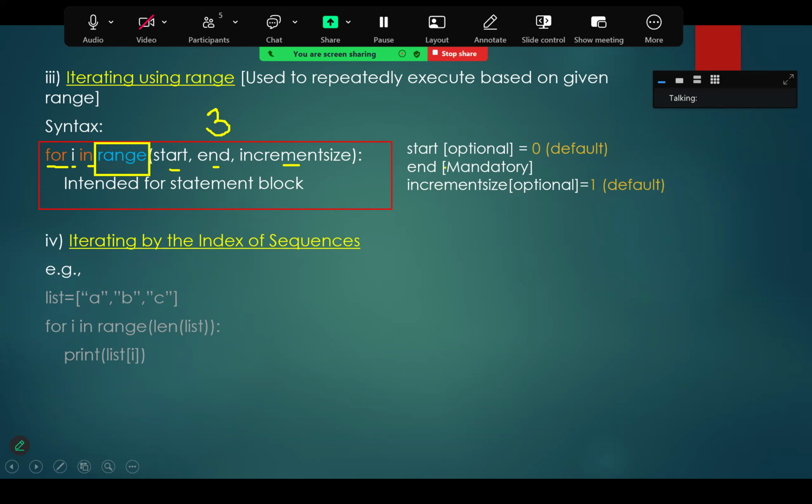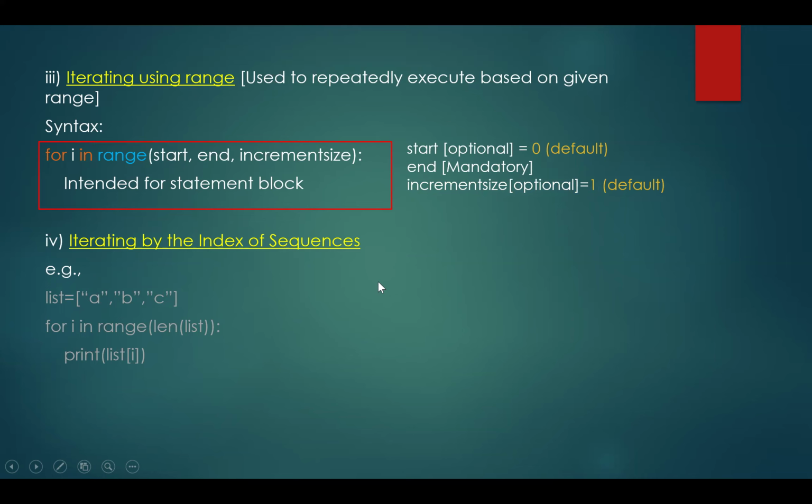When I'm not providing anything for start, it will take 0 as the default value. End is mandatory, so that we have to provide explicitly. Increment size is also optional, so if I don't provide it, it will take 1 by default. So how does it work?